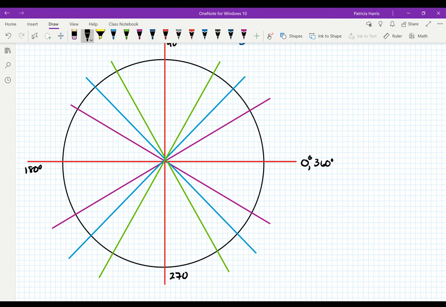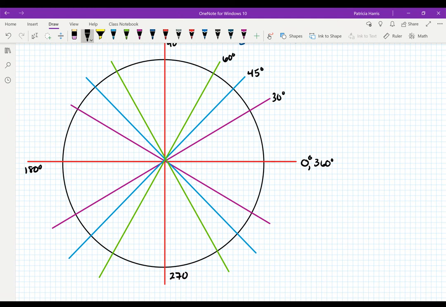Okay, so we're going to start with quadrant 1. Now remember, we talked about those 30, 60, 90 and those 45, 45, 90 triangles. Those are highly important. This is how we're going to build our unit circle. So this first line, that's 30 degrees, 45 degrees, and 60 degrees.